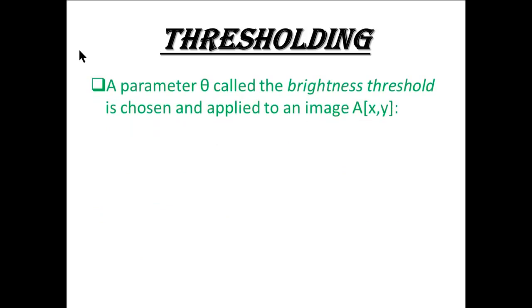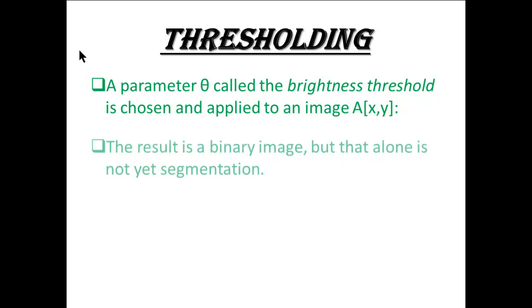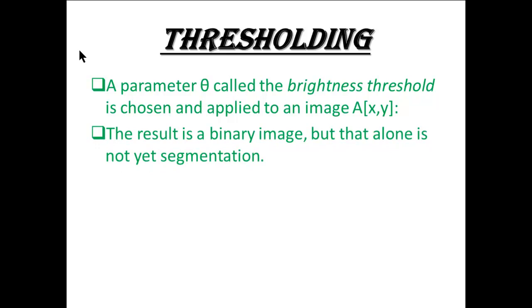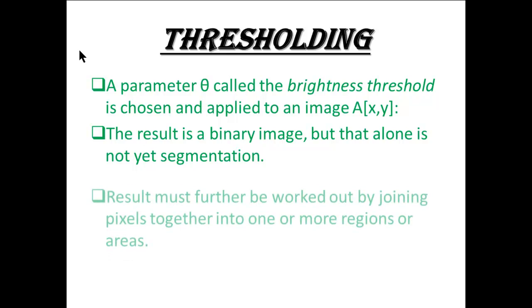Another parameter, theta, called the brightness threshold, is chosen and applied to an image A(x, y). The result is a binary image, but that alone is not yet segmentation.